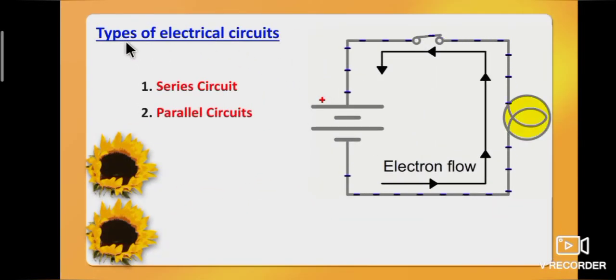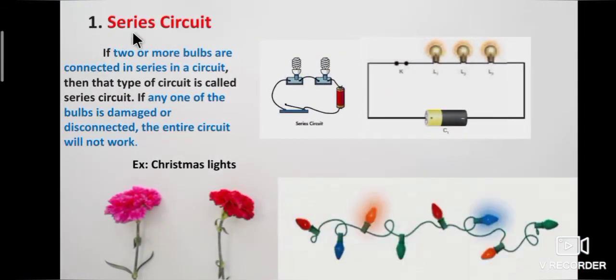Now we will learn about types of electrical circuits. There are two types. First one series circuit, second one parallel circuits. We will see one by one. First one series circuit. If two or more bulbs are connected in series in a circuit, then that type of circuit is called series circuit.